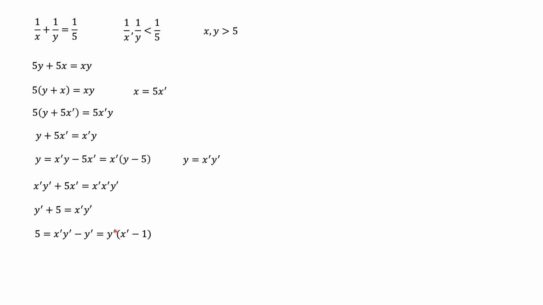So the product of two positive integers equals 5. 5 is a prime number. The only possibilities we have is either 5 equals 1 times 5 or 5 times 1. So we have two options, either y prime is 1 and x prime minus 1 is 5, or the other way around, y prime is 5 and x prime minus 1 is 1.